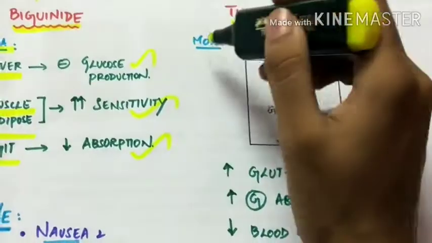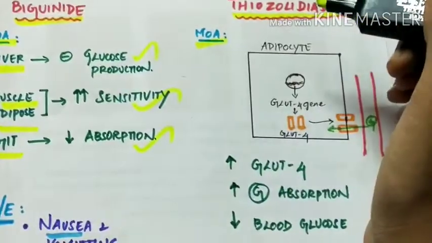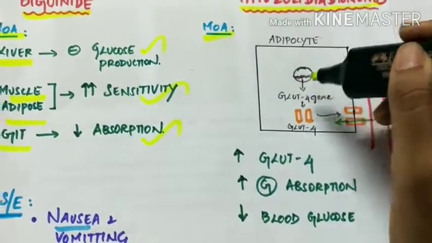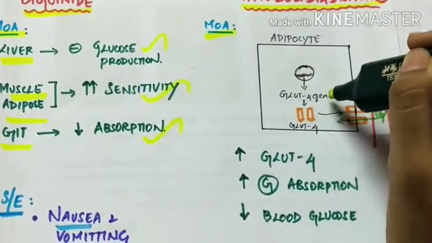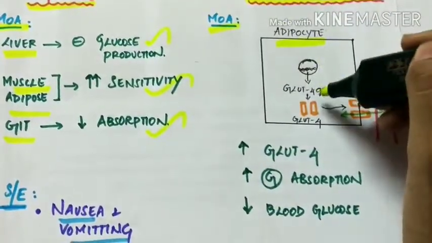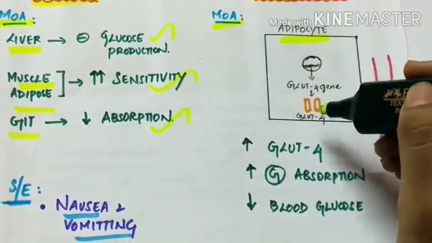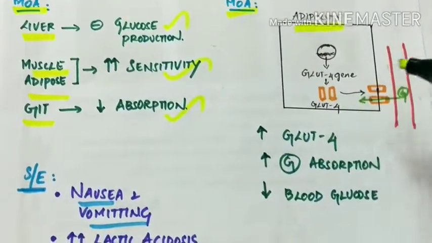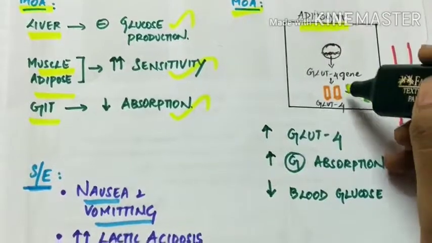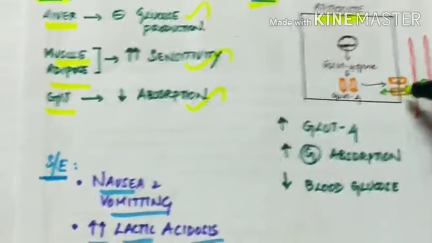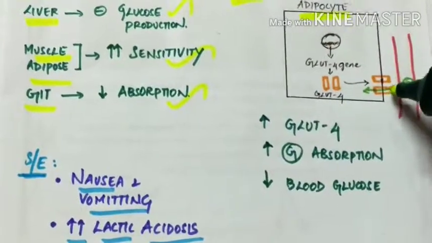Next is thiazolidinediones. Their mechanism of action: they stimulate the GLUT4 gene present in the nucleus of the adipocytes, leading to increased production of GLUT4 receptors, glucose transporter 4 receptors, and thereby increase the expression of these GLUT4 receptors on the surface of the adipocyte.